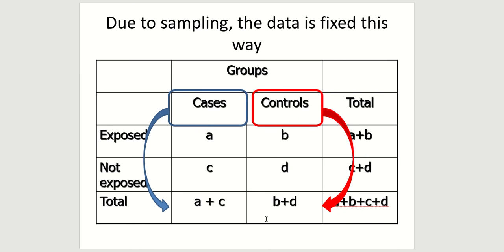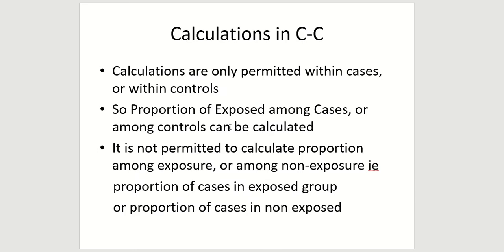You cannot calculate across, just cases versus controls, not even the total. It's not allowed. Calculations are only permitted within the cases or within the controls. So the proportion of exposed among cases or among controls can be calculated.